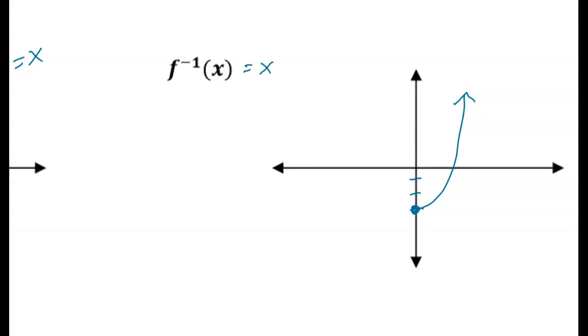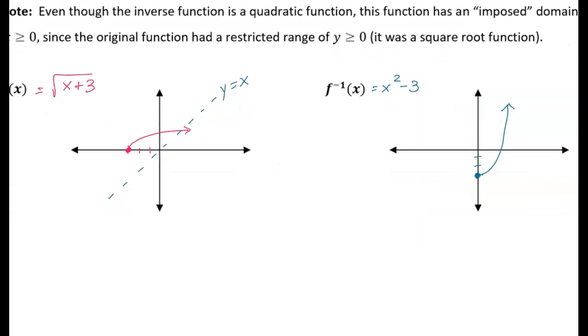What was this? X squared minus 3. I just want to write this down. Why is this? Exactly. That's perfect.